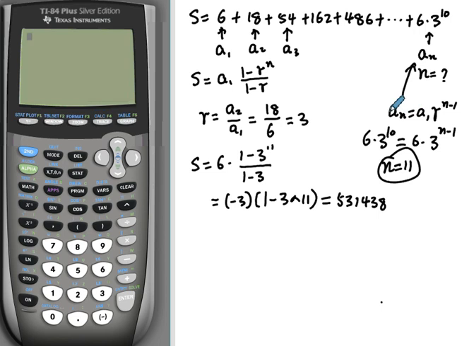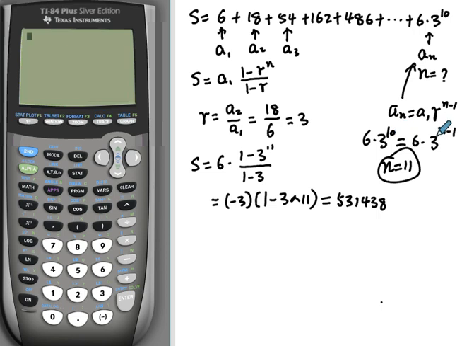And then here we have the nth term is already 6 times 3 to the 10th. That's the last term. And then it equals the initial term, which is 6, times the ratio to the n minus 1. Now we know the n minus 1 needs to be 10.